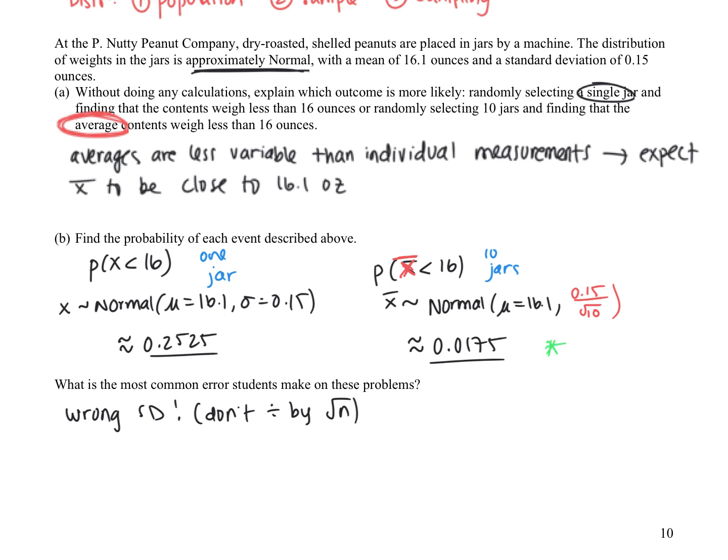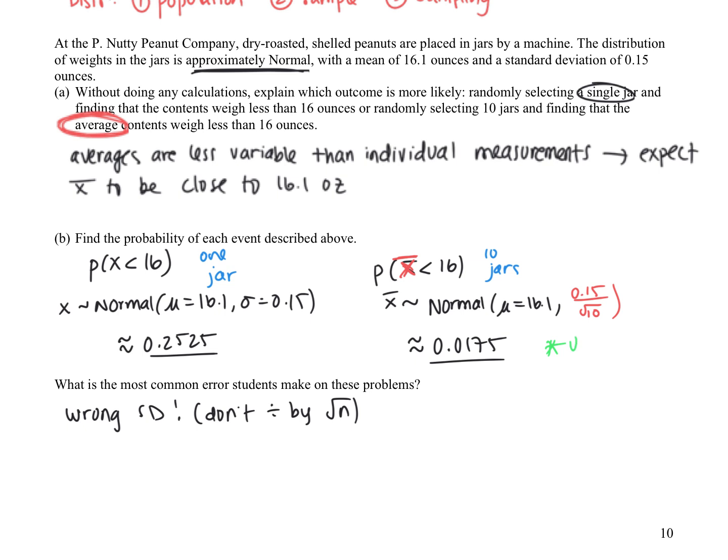What a lot of students will do is on this 10 jars question, they will have everything correct except on the figure, they use the wrong standard deviation. So they'll write this standard deviation in red, but then they use 0.15 on the figure. That's going to be counted as wrong. So you have to make sure you're consistent. This standard deviation that you calculated is the one that goes on the figure.